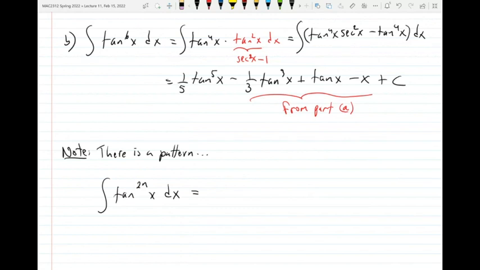So what's the pattern? Notice that here you have a 6, and then the powers are odd, and you start with 1 less than what you have. So this is going to be 1 over 2n minus 1, tangent to the 2n minus 1 of x. Then you always begin positive, and then you need to alternate. Then minus 1 over 2n minus 3.